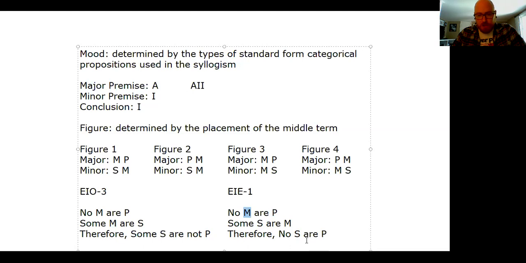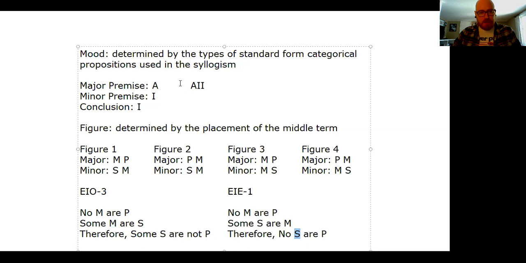But since the conclusion is an E statement, the minor term, S, is being distributed in the conclusion, but it's not being distributed in this premise. Since the rule says that any terms distributed in the conclusion must be distributed in their corresponding premise, this would be invalid.